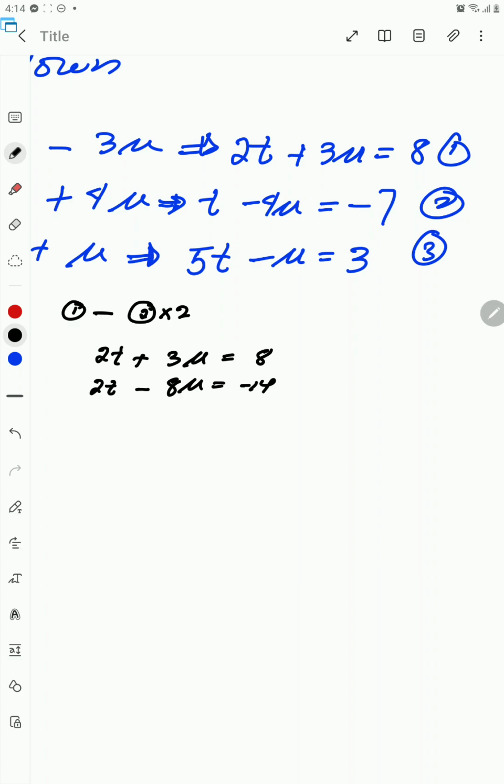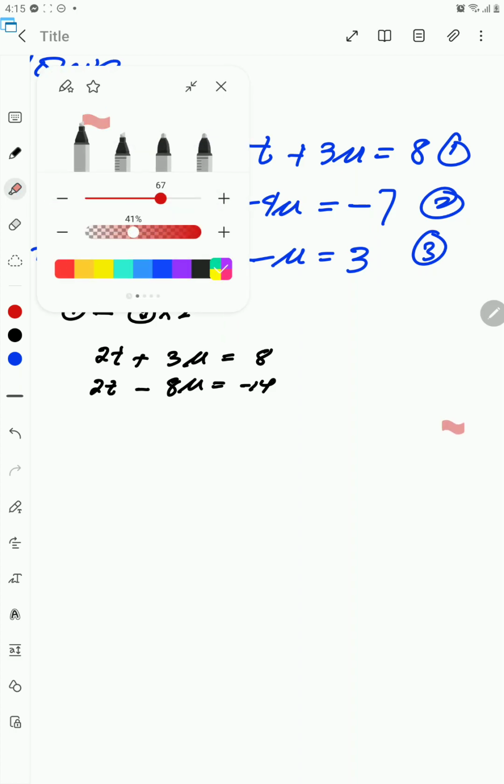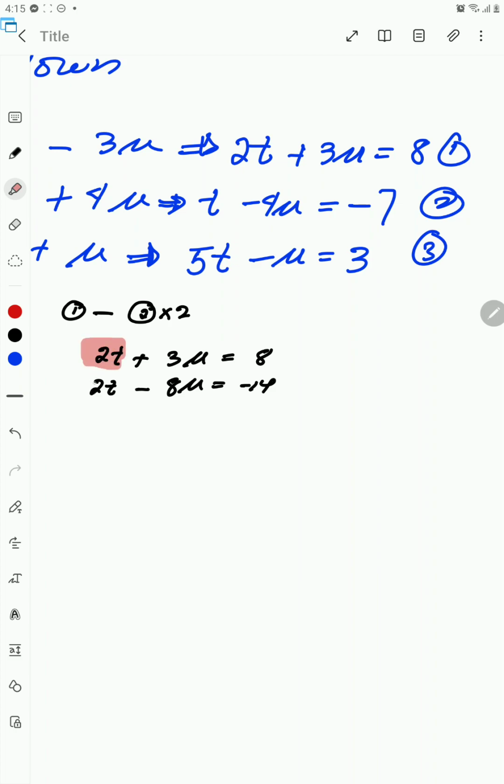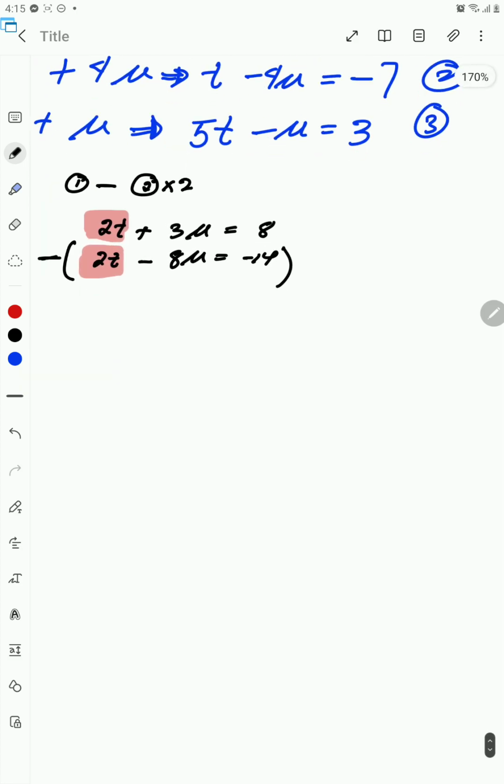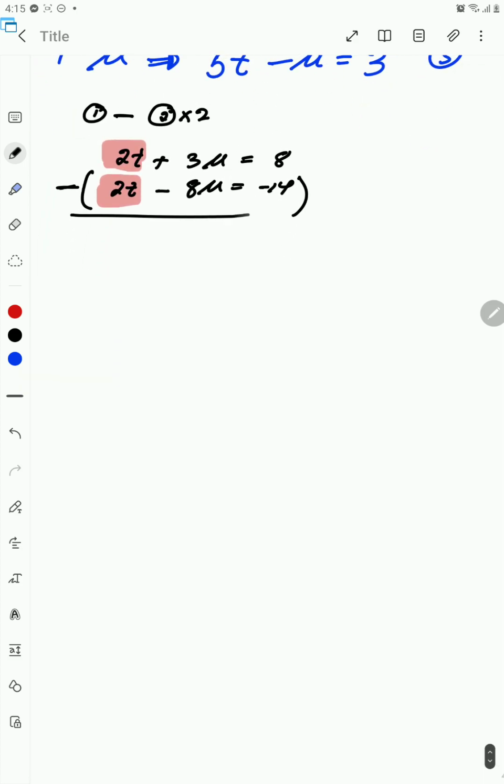The purpose of multiplying by 2 is so that the t terms are equal and we can cancel them. Subtracting, 2t minus 2t is 0, 3 mu minus 8 mu is negative 5 mu... 3 mu minus 8 mu is 11 mu, because the 8 is subtracting negative 14, which gives 22. Therefore mu equals 2.